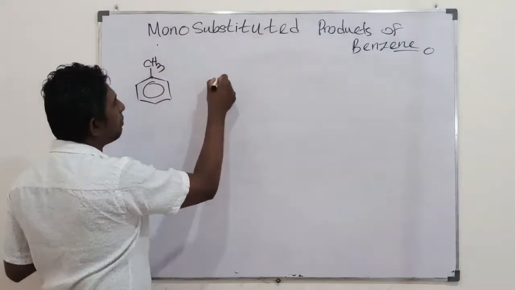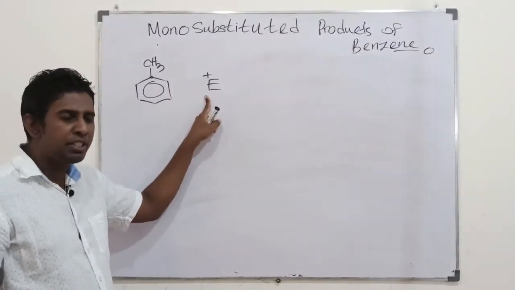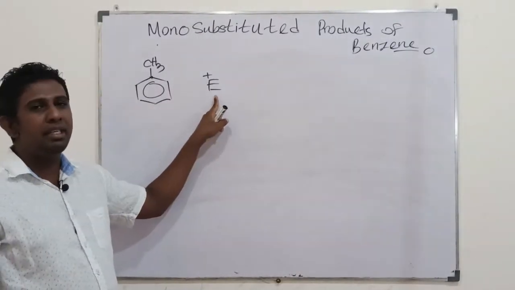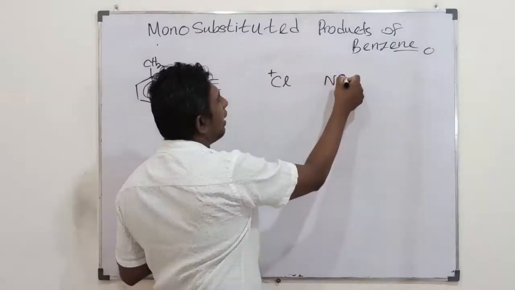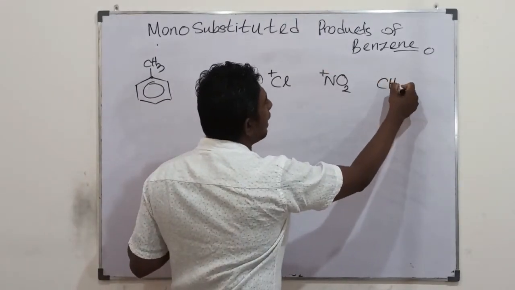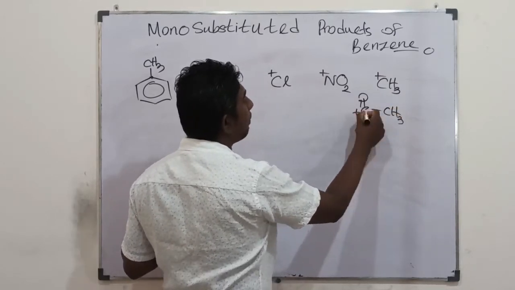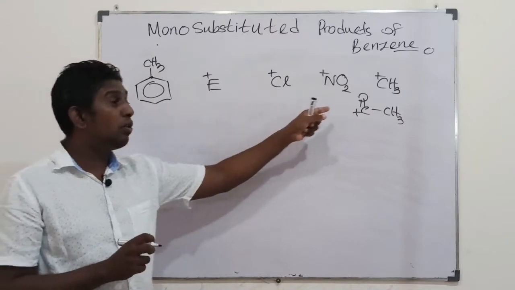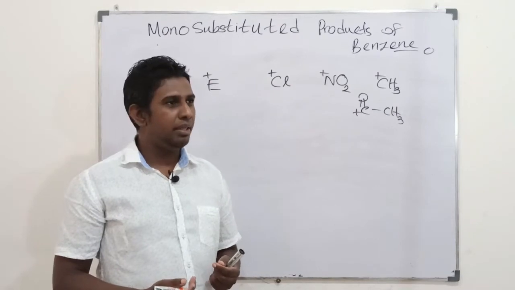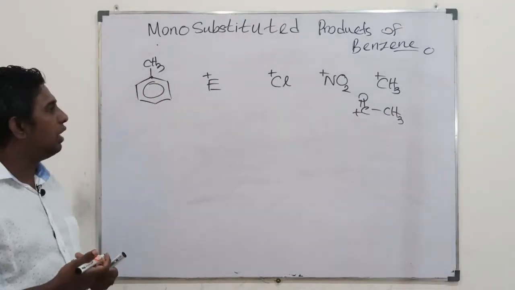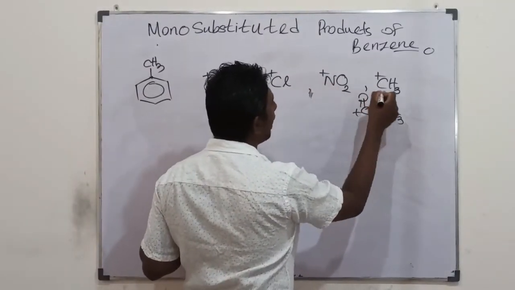When toluene is attacked by an electrophile, which is a positive species most of the time, I have written E to symbolize it. For example, it could be Cl plus, NO2 plus, CH3 plus or another alkyl group, or an acyl group as well. Various such electrophiles could come and attack the benzene ring, seeing a high electron density on it. So these are possible electrophiles.